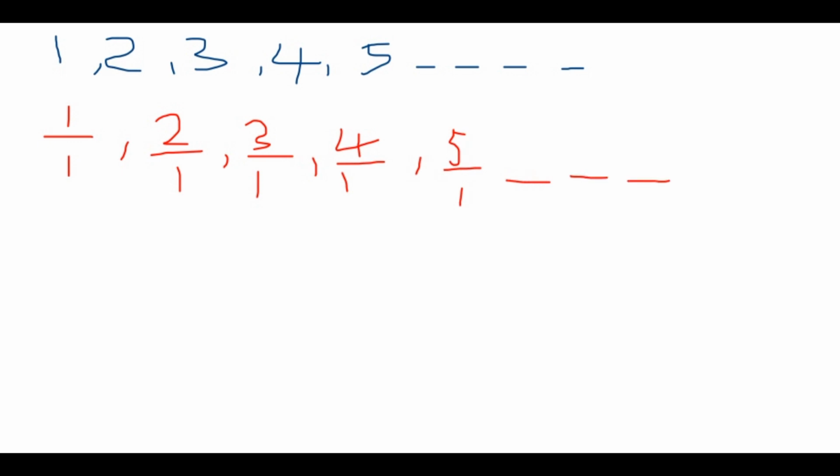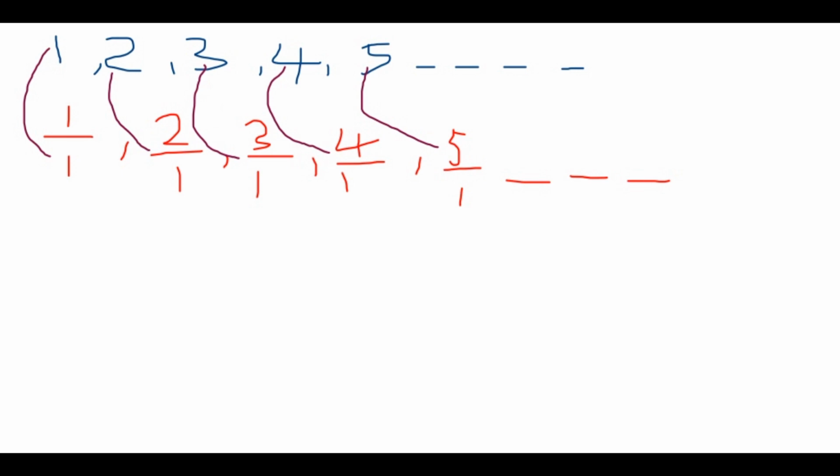Now note that this is equal to this, this is equal to this, this is equal to this, this is equal to this, and this is equal to this. So anytime you have a whole number or a number divided by 1, or having a fraction sign with the bottom part of the fraction as 1, note that that number is always equal to the number at the top.